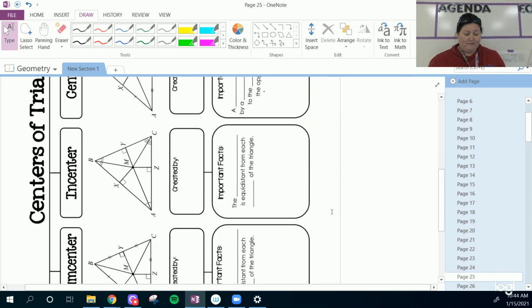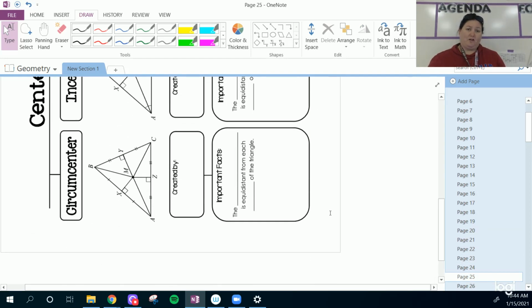I'm sorry in advance, I can't flip this. I've tried to, so just kind of look on sideways and go ahead and get this copied down. So the circumcenter is created by the perpendicular bisectors.